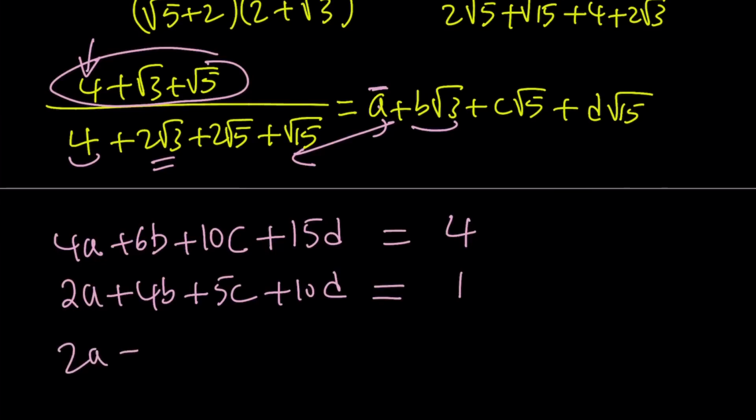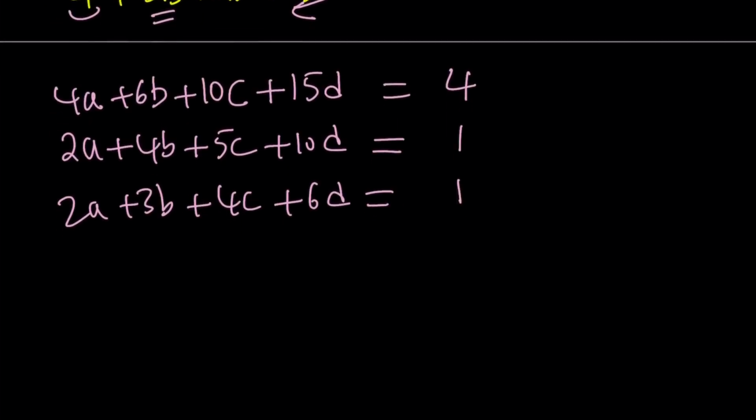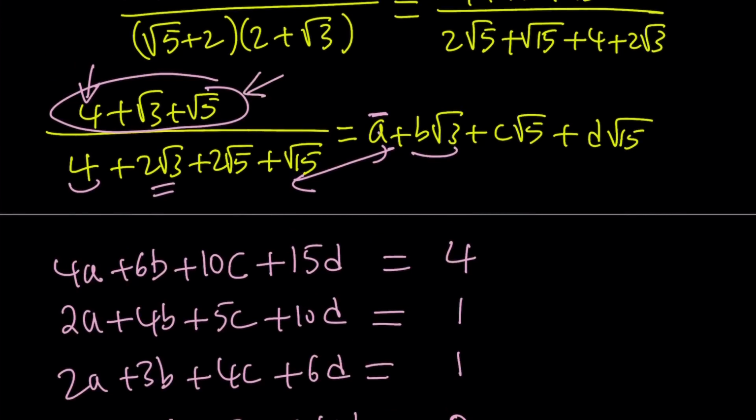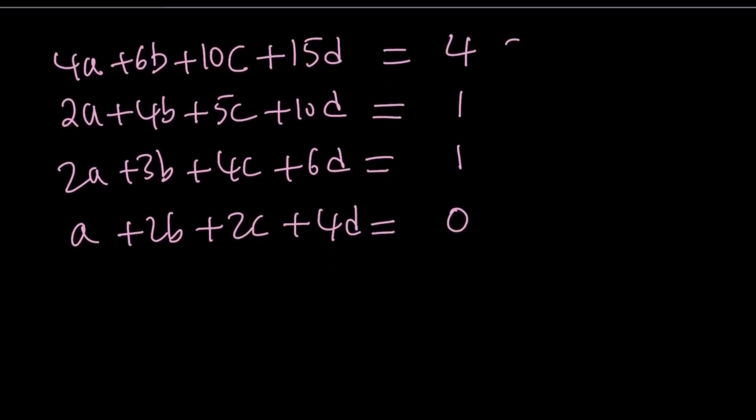Then 2a plus 3b plus 4c plus 6d equals 1, again the coefficient of root 5. And finally, a plus 2b, or not 2b, plus 2c plus 4d equals 0, which is the coefficient of root 15. Notice that we don't have root 15 here in the numerator, therefore its coefficient needs to be 0 from the cross product.